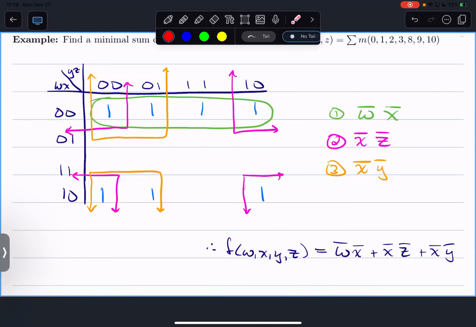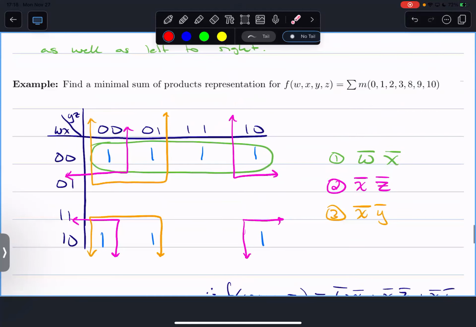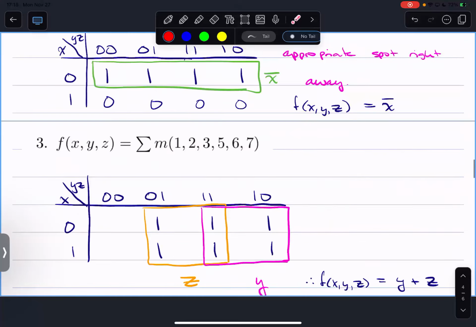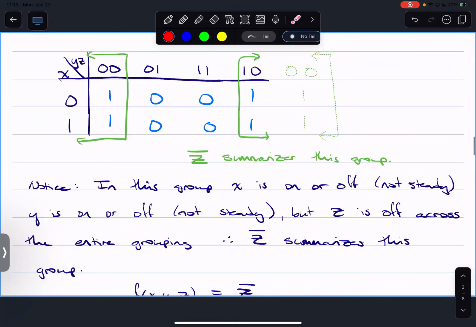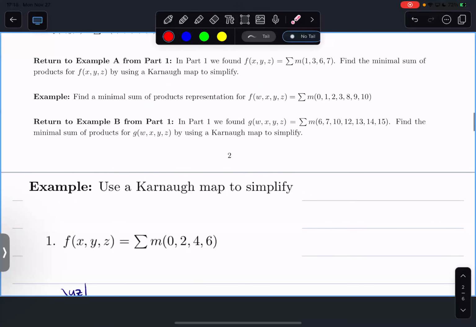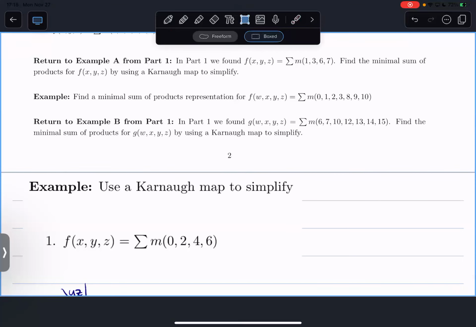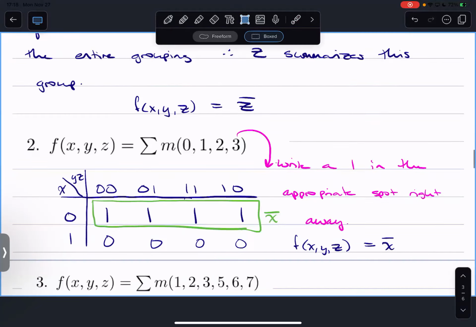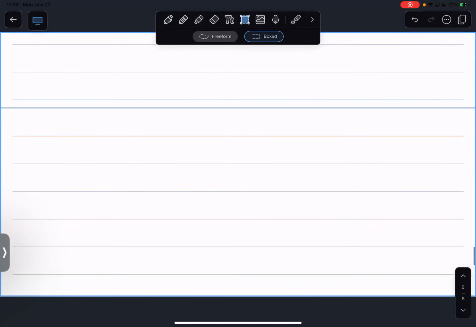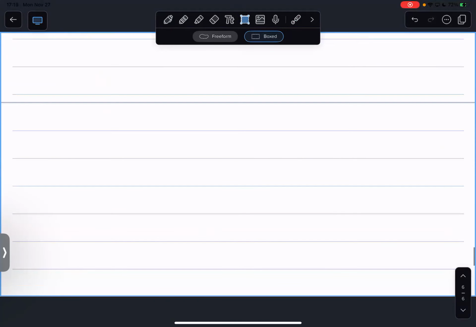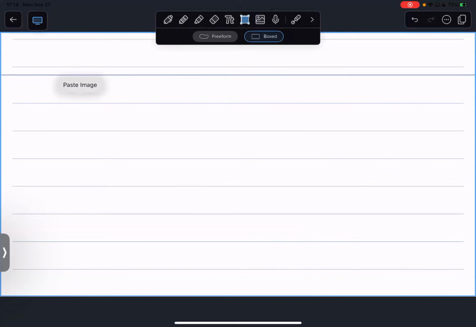Our final example is G of W, X, Y, Z, which we found the DNF for last day. It's quite large. Put it on a fresh page.